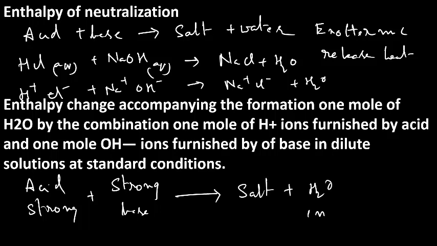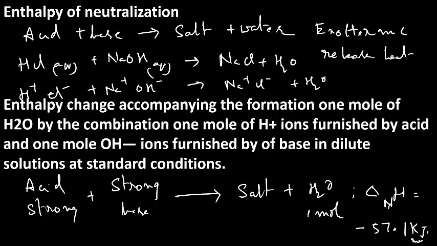This is 1 mole. Therefore, delta H neutralization equals minus 57.1 kilojoule per mole. When a strong acid and strong base react, the enthalpy of neutralization is minus 57.1 kilojoule per mole.